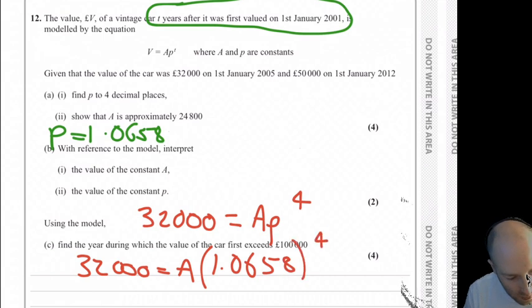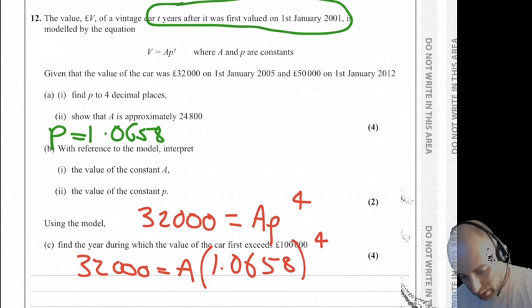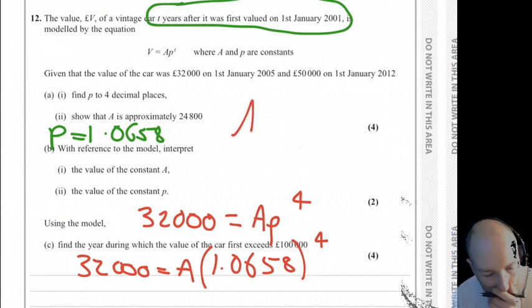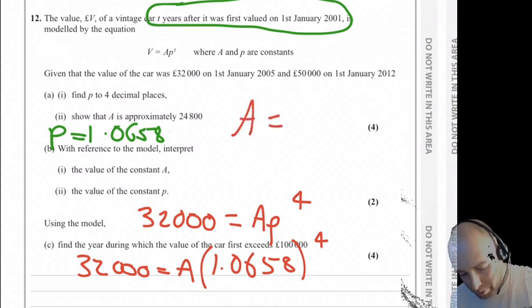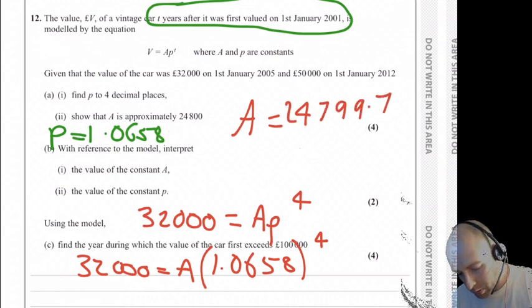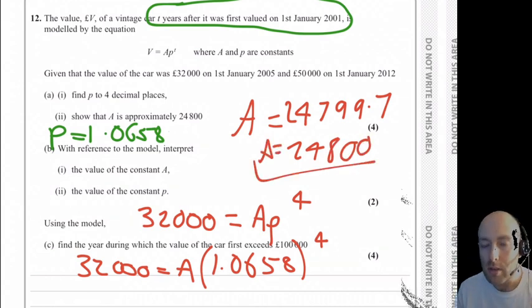So if we divide 32,000 by 1.0658 to the power 4, we get a is 24,799.7, which is approximately 24,800.